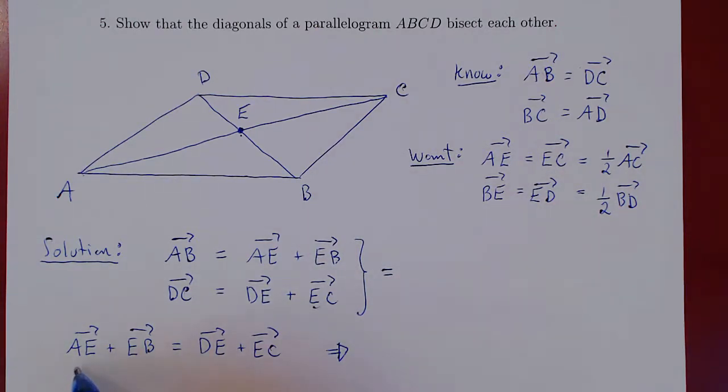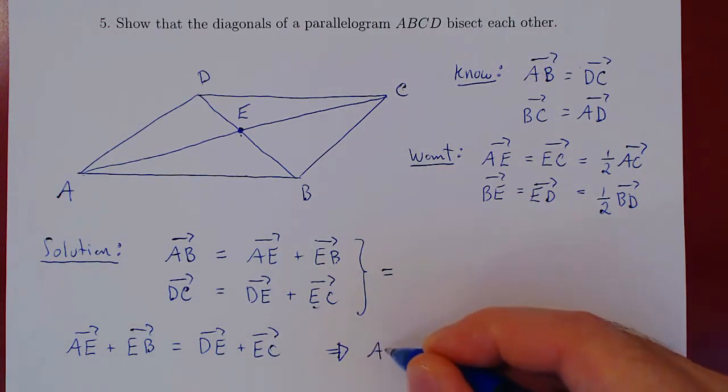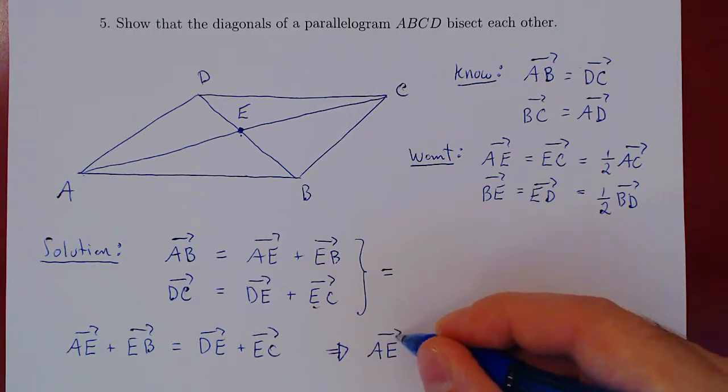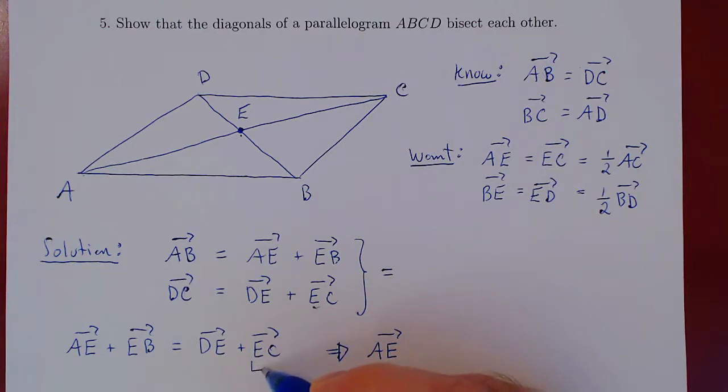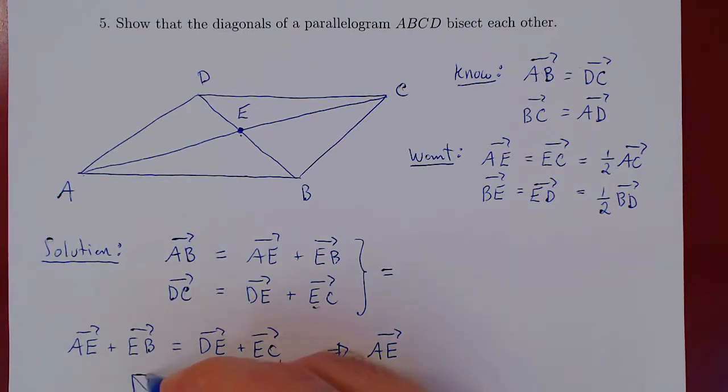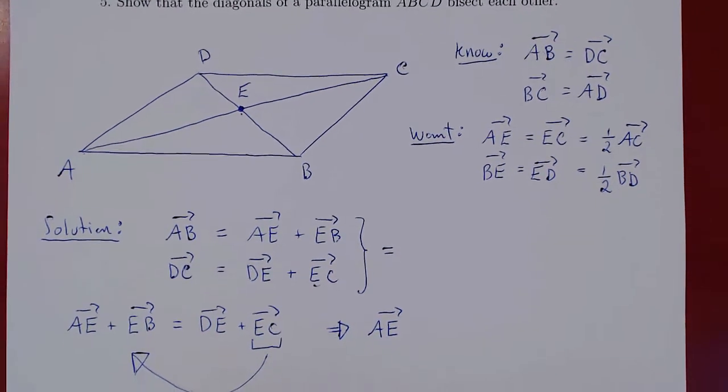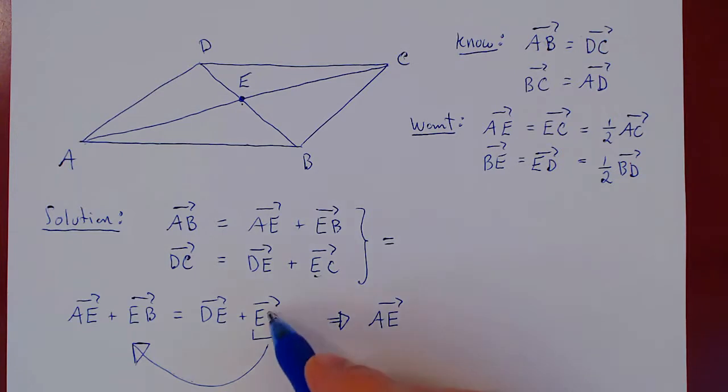So we'll keep AE on the left, and AE goes with EC. So we are going to subtract EC from both sides. So if we send EC on the left-hand side, it will become AE minus EC.